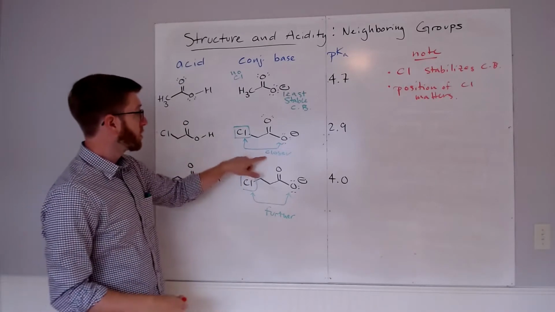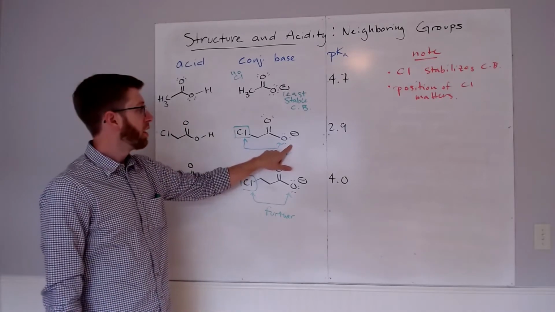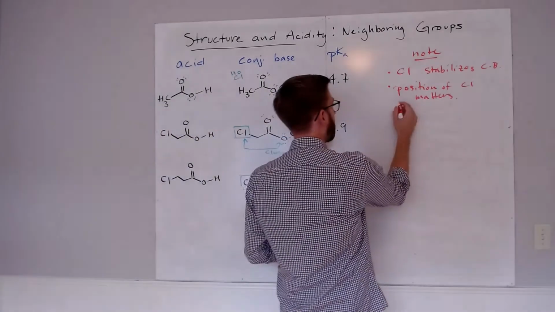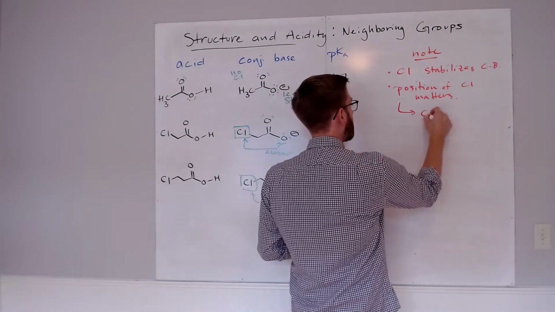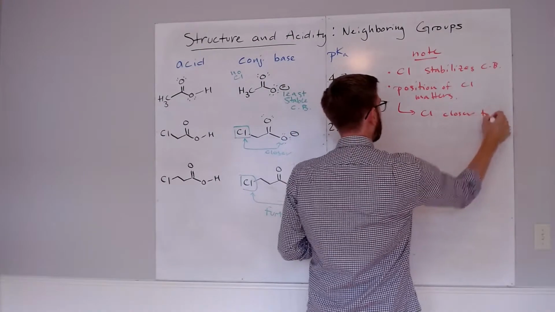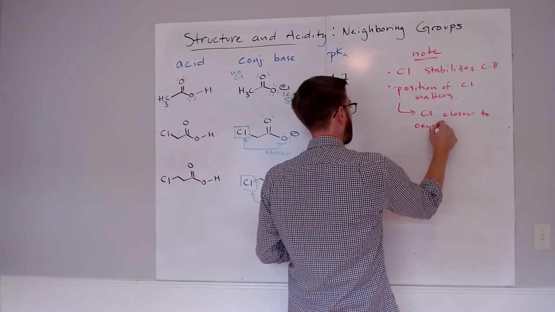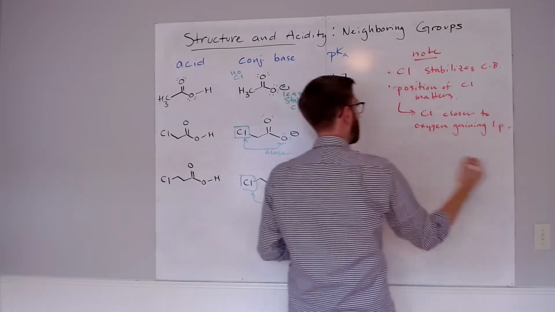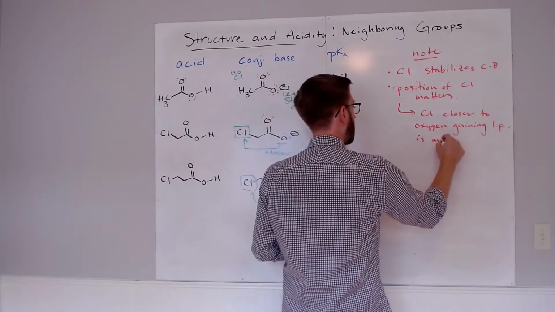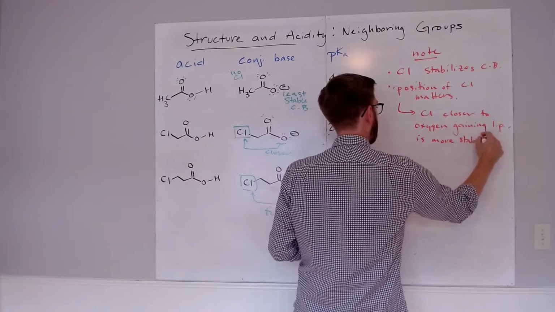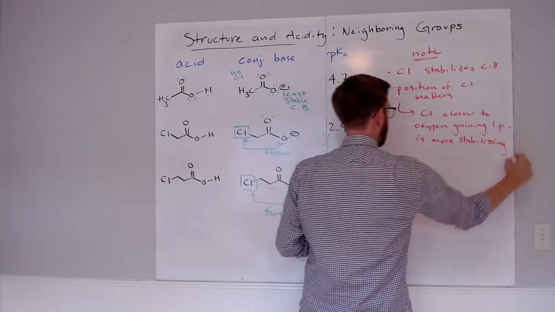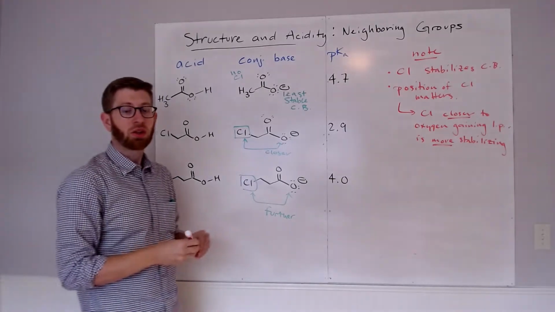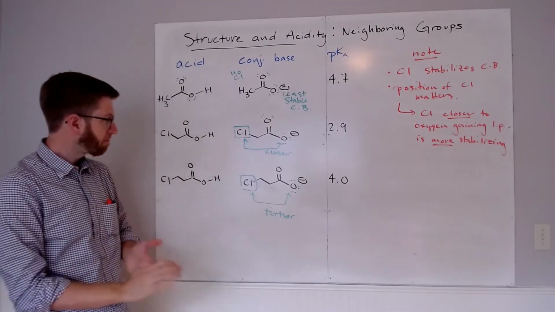Apparently, if the chlorine is closer to the oxygen, then that gets me more stabilization than if it's further away. So I can have a subnote: Cl closer to oxygen gaining a lone pair is more stabilizing. So here I want to call out closer and more. Those seem to be connected to each other, right? The closer I get, the more stabilization I get.